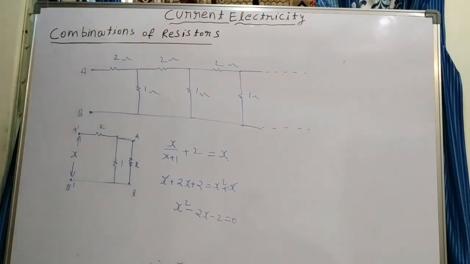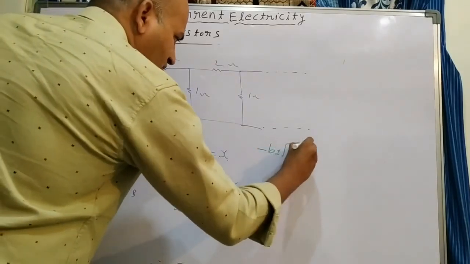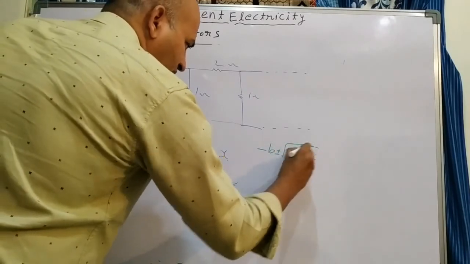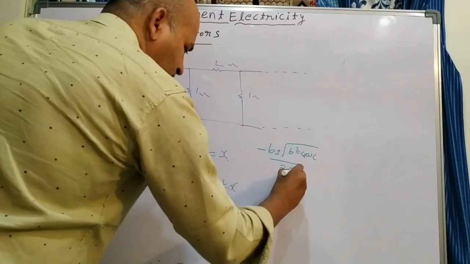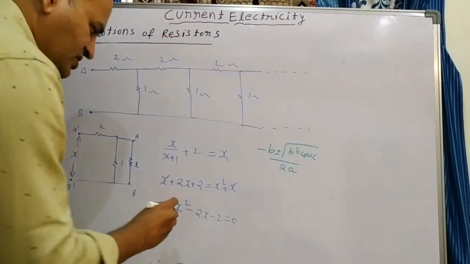It is a quadratic equation. So to calculate the roots, what is the formula? That is minus b plus or minus square root of b square minus 4ac by 2a. Like this we can calculate. What do you get in place of b?